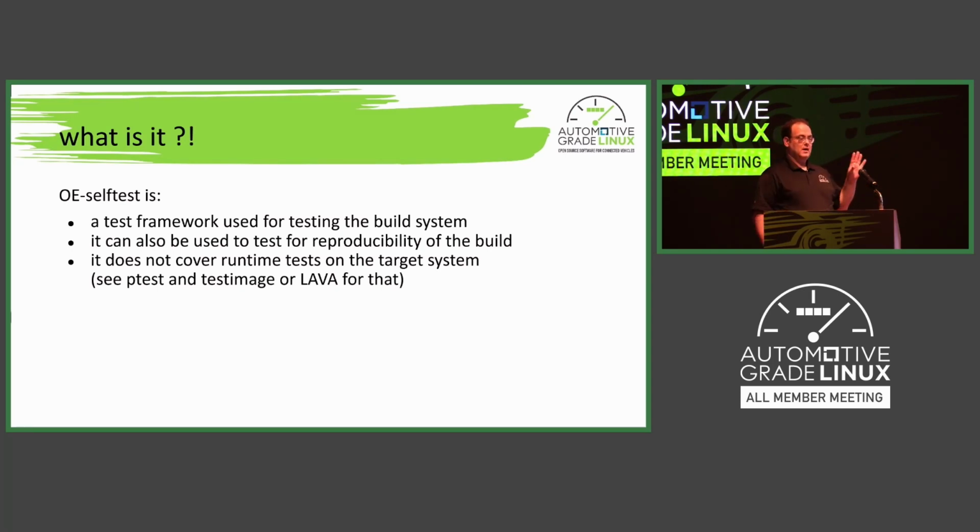For that, there are other parts in the Yocto universe. One is ptest and the test image features, or systems like LAVA that will allow you to do runtime testing.